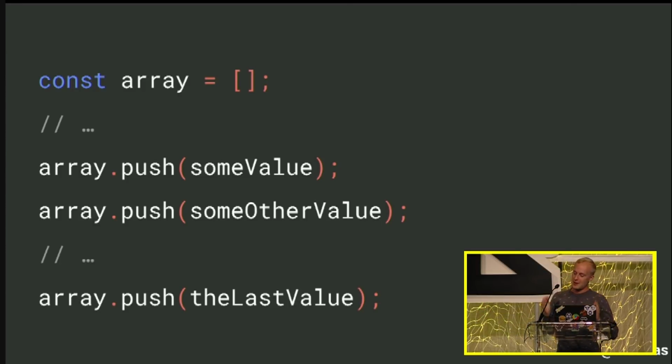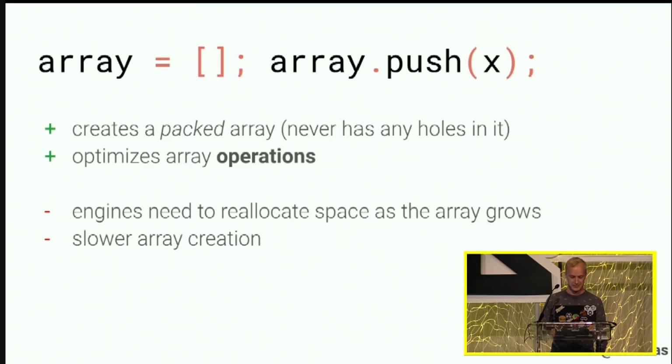So if you start off with an empty array and then you push 9001 items to it one by one, V8 will actually have to reallocate the buffer in the backing store a total of 16 times. So you can imagine that for larger arrays with millions of items, that's a lot more reallocations, of course.